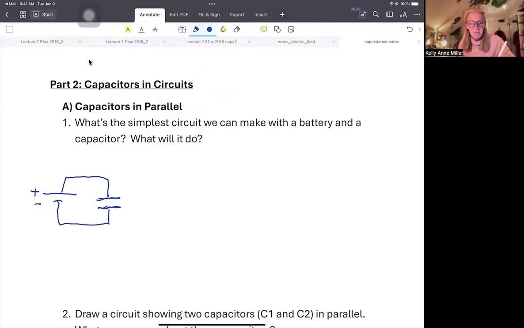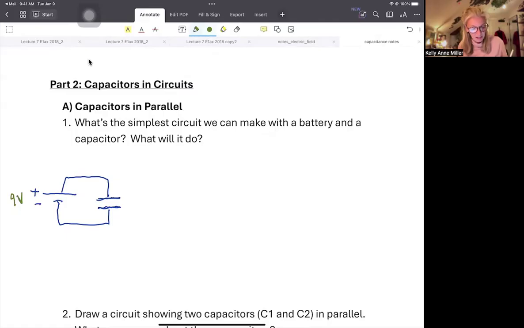Now, remember last week we defined this term equipotential. Let's say this is a 9-volt battery. What this actually means is that the potential difference between the positive terminal and the negative terminal is 9 volts.